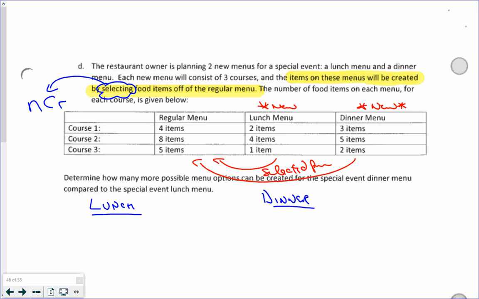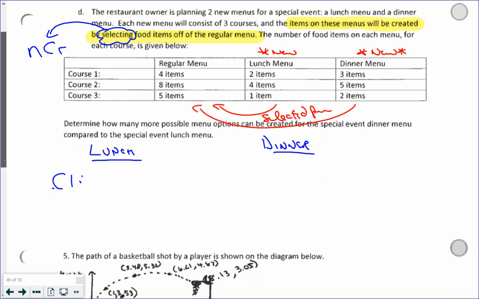Okay. So for course 1, course 2, course 3. So for the lunch, you've got 4 items to pick from and you're selecting 2. So 4 choose 2. For course 2, you've got 8 items to pick from. You're going to pick 4. And for course 3, you've got 5 items to pick from. You want 1.